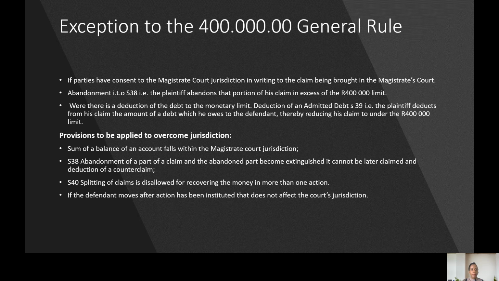The plaintiff abandons the portion of his claim in excess of the 400,000 limit. Where there is a deduction of an admitted debt, the plaintiff deducts from his claim the amount of the debt which he owes to the defendant, thereby reducing the claim to the 400,000.